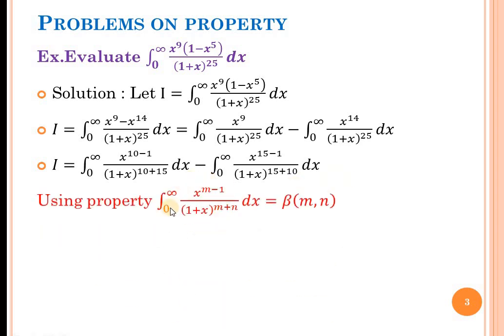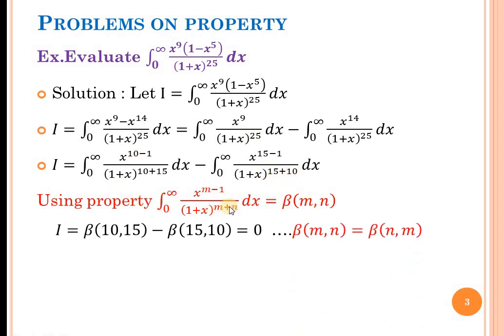Since we know the formula, integration 0 to infinity x to the power m minus 1 upon 1 plus x raised to power m plus n dx is beta of mn, to apply this formula I split this 25 according to my m. In the first integral, my m is 10, so I write 25 as 10 plus the remaining number, 15. Here my m is 15, so I write this 25 as 15 plus 10.